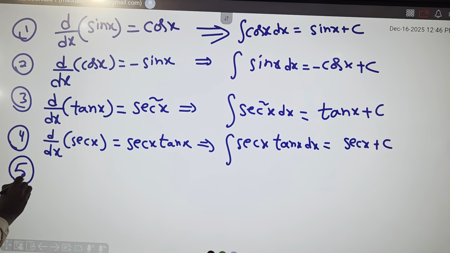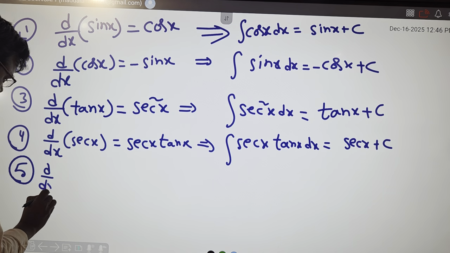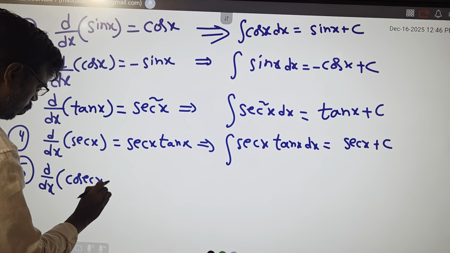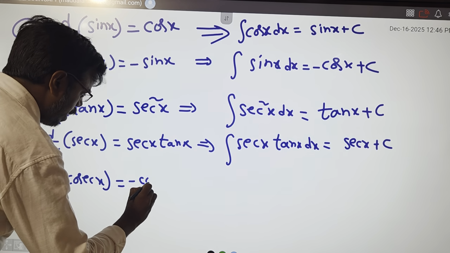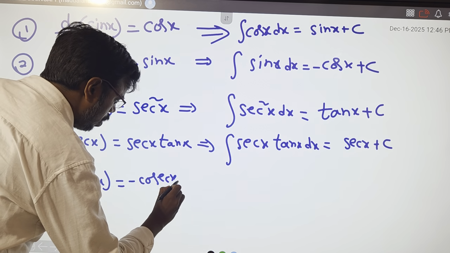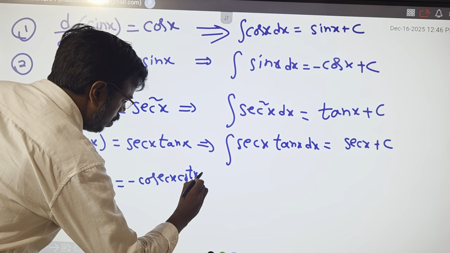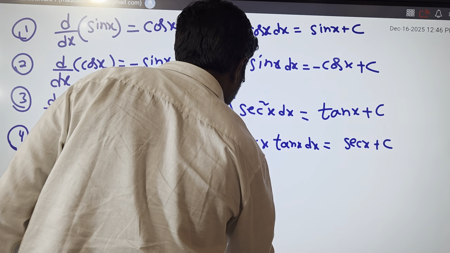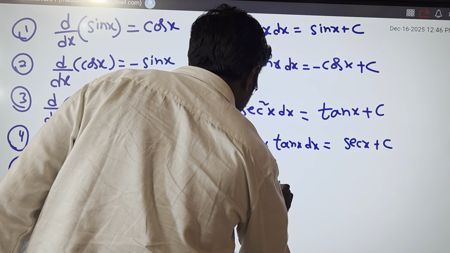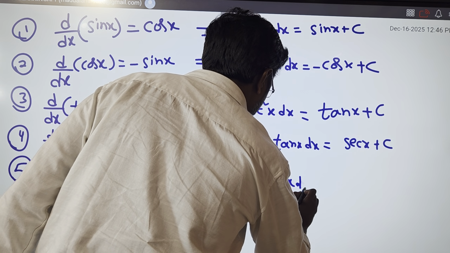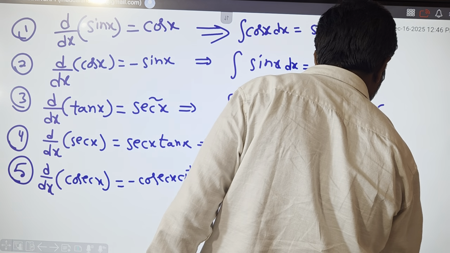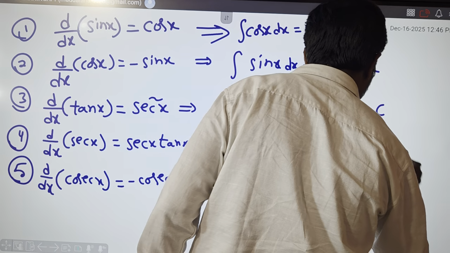Fifth, d by dx of cosecant x equal to minus cosecant x cot x. From this, integration of cosecant x cot x dx equal to minus cosecant x plus c.